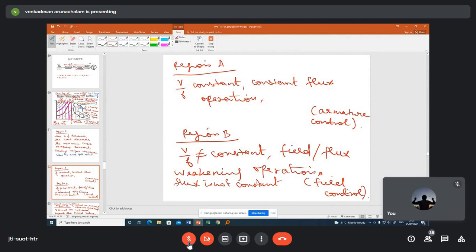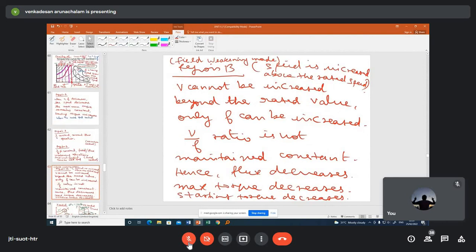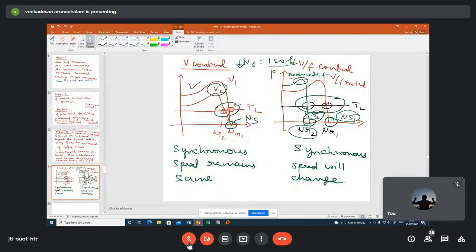This is very much similar to field control method in DC motor. So here speed control is above the rated speed. So that is what I have written here.